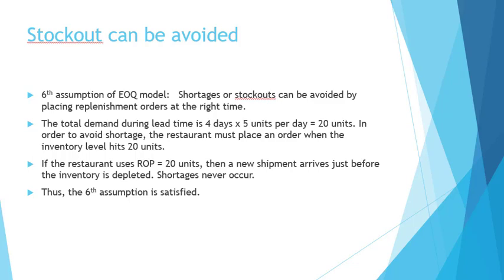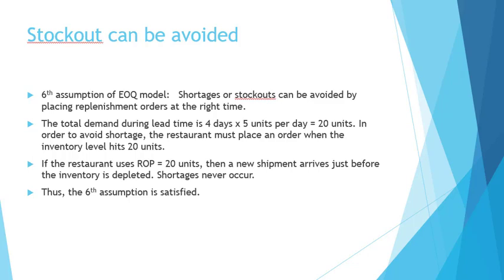Finally, the sixth assumption. Stockout can be avoided by placing orders at the right time. Remember, the lead time is 4 days and the daily demand is 5 units per day. Then the total demand during lead time is 4 times 5 is 20 units.